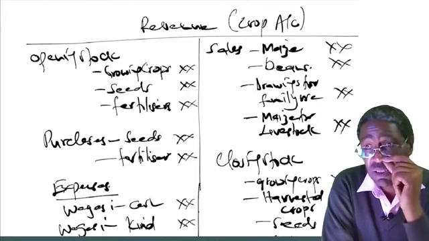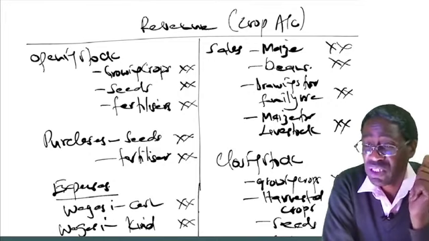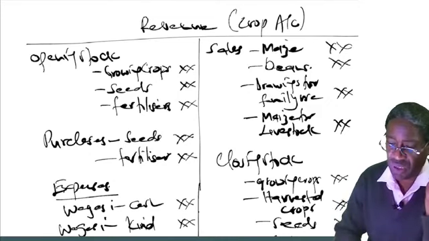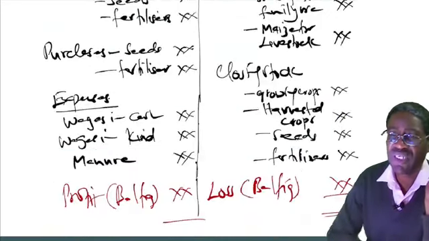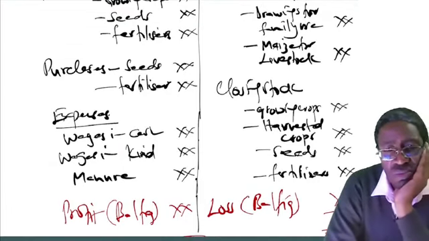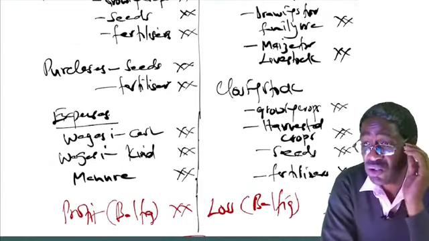Then, still on the debit, we have expenses relating to the crop.